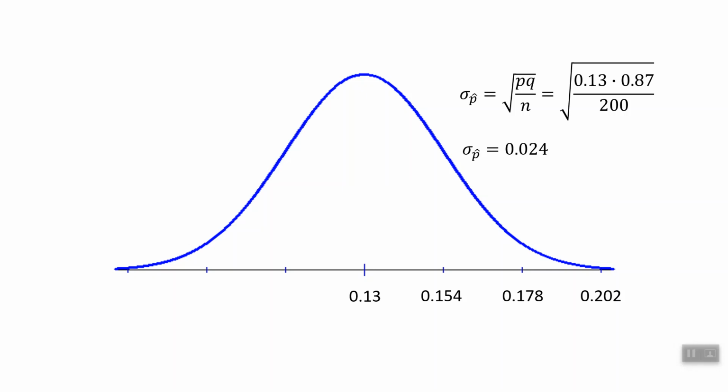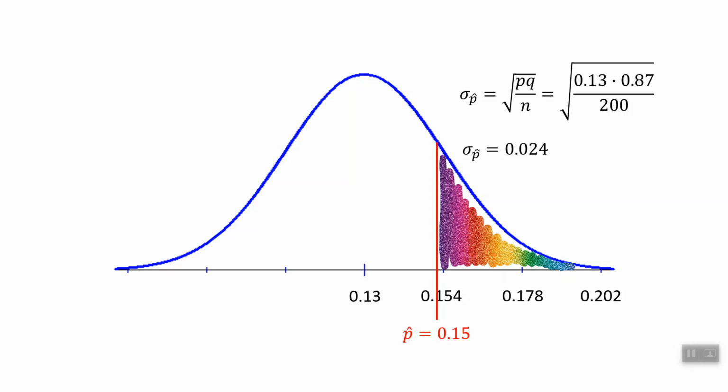I want to insert and see where the sample proportion they're interested in, 15%, falls. It falls right there, to the left of 0.154. Label it there. The question asked more than 15%, so I'm going to shade to the right.